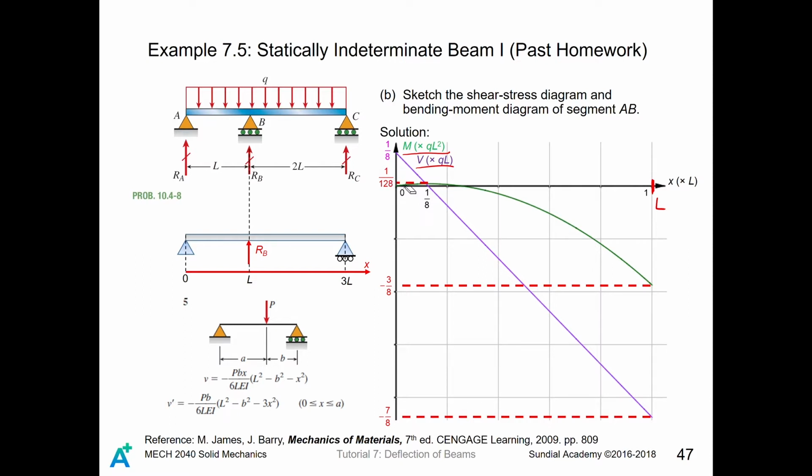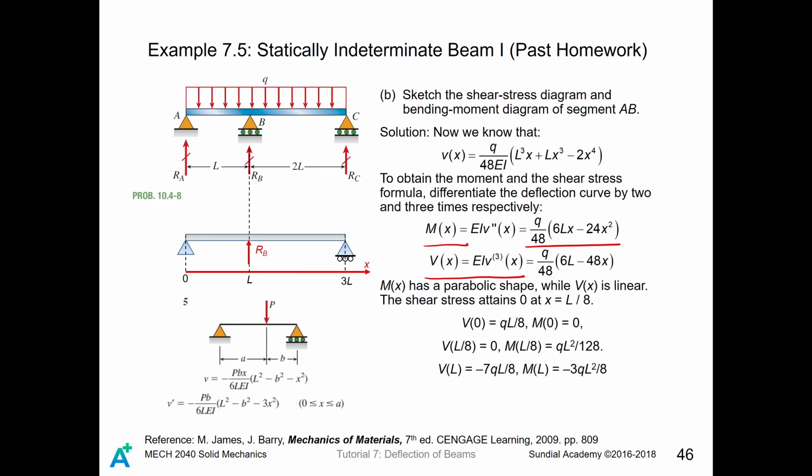But when you talk about x equals 1/8, at 1/8 of L, at this place, the shear force inside the beam is 0. So there is nothing very special, but for the shear force at x equals 0, the value is 1/8.